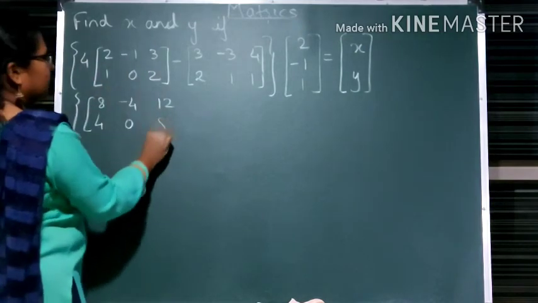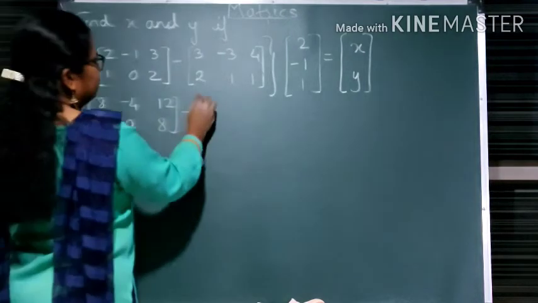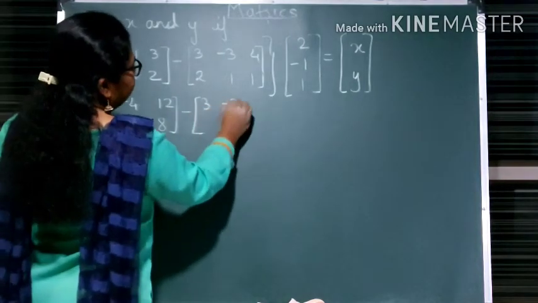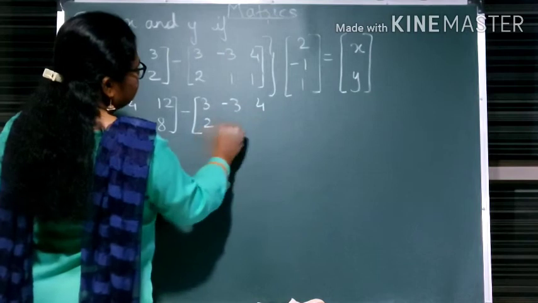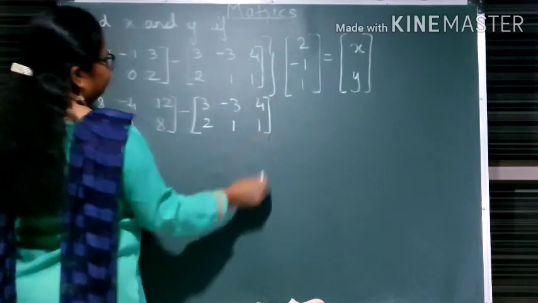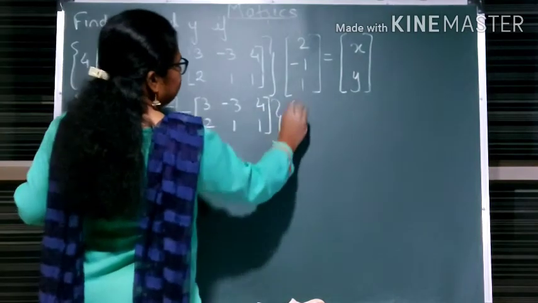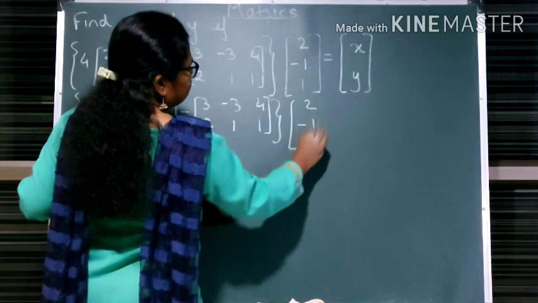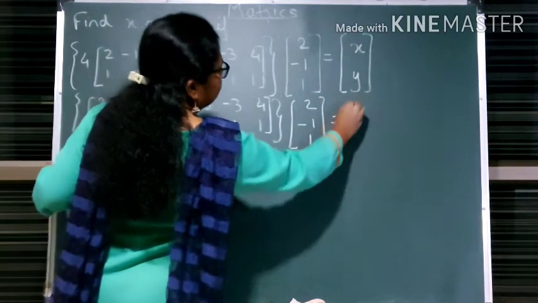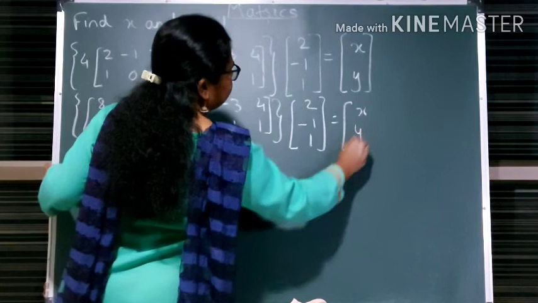And 4 2s are 8. Minus this matrix: 3, 3, 4, 2, 1, 1. Close this bracket, into 2, minus 1, 1. And this is equal to x, y.